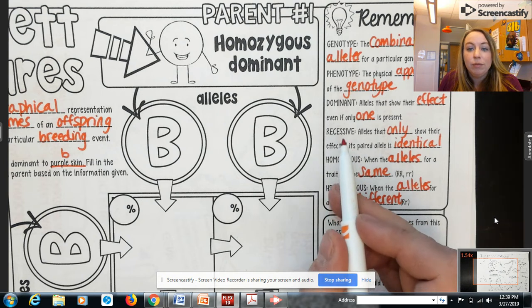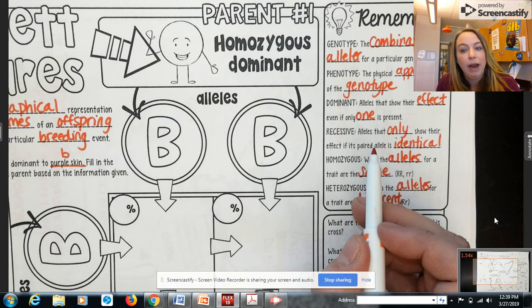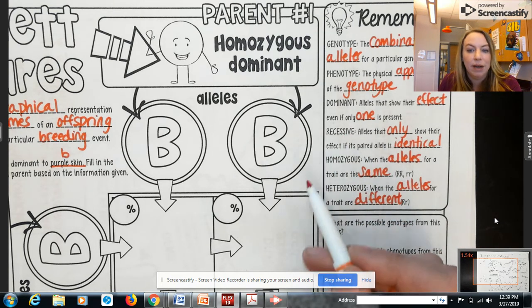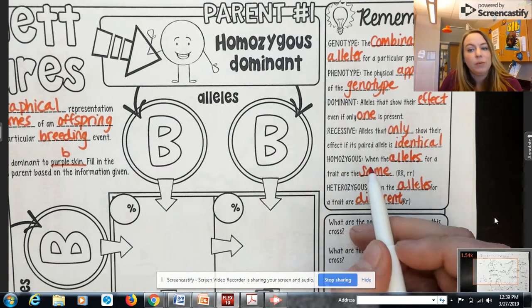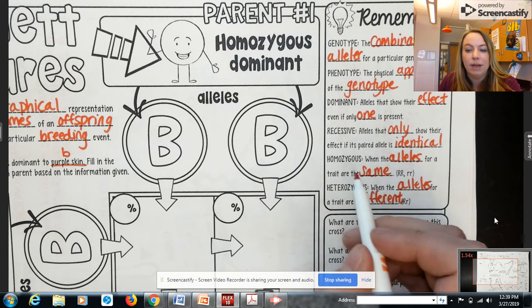If an allele is said to be recessive, then that's the allele that can only show its effect if it's paired with another identical recessive allele, which will make more sense in a minute when we start doing these crosses. Homozygous is when the alleles for the trait are the same. Remember that prefix there means same, okay?